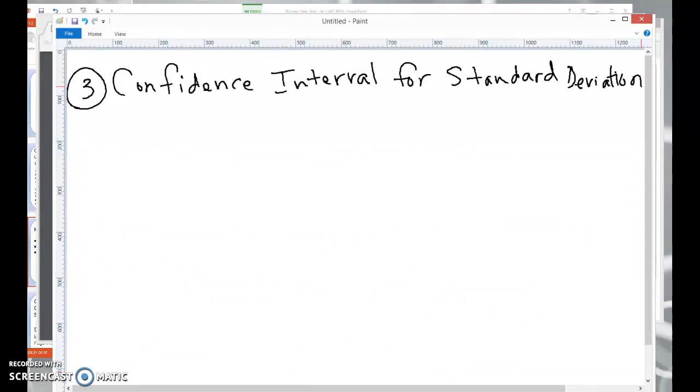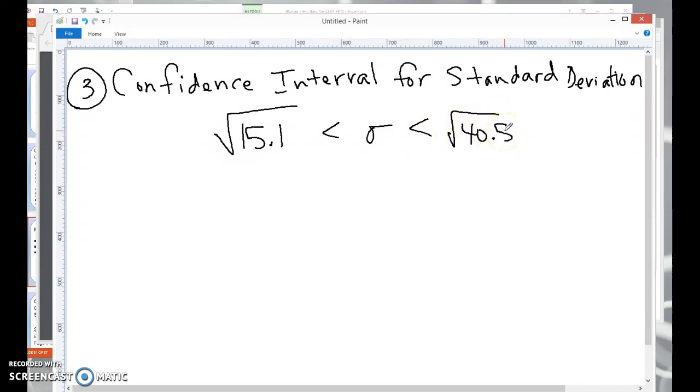To get the confidence interval for the standard deviation, we'll just take the square root of those variance values. And then I'm going to do the square root of 40 and 5/10.